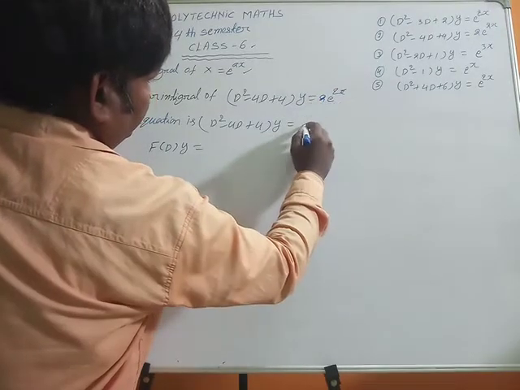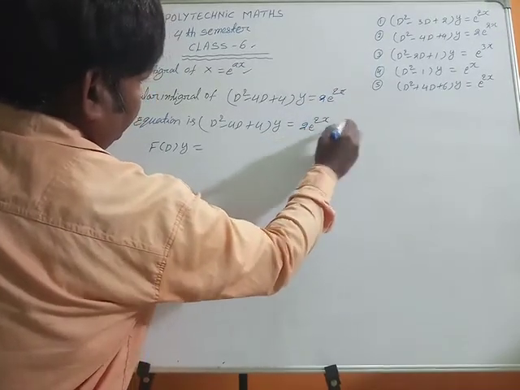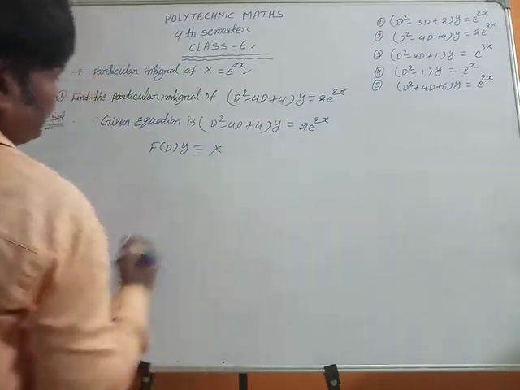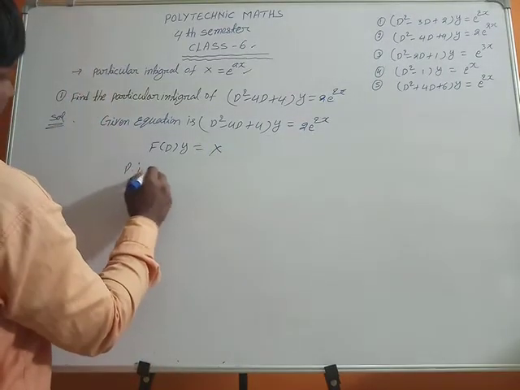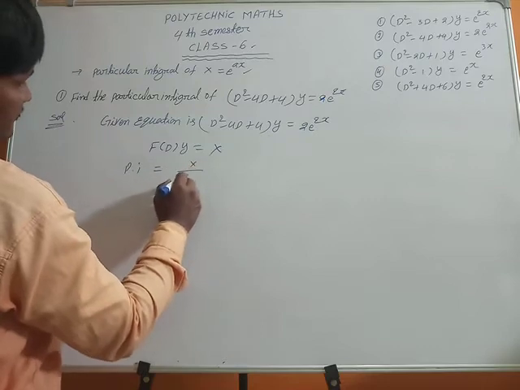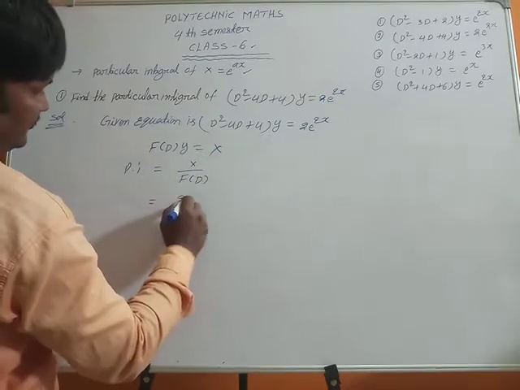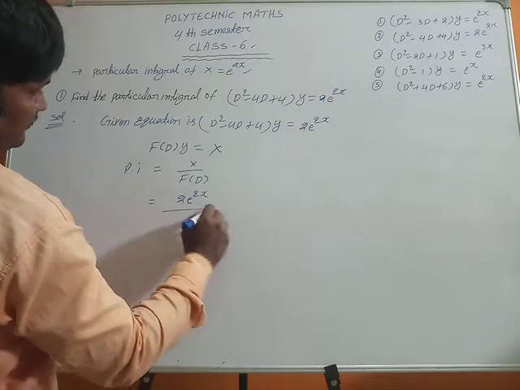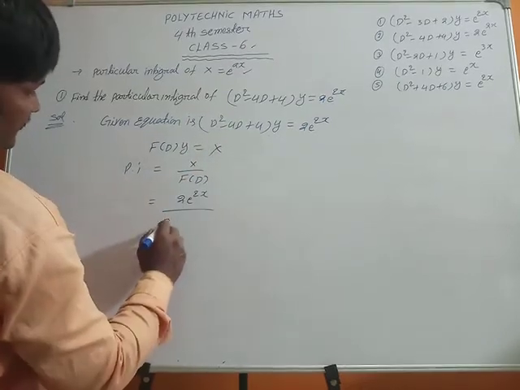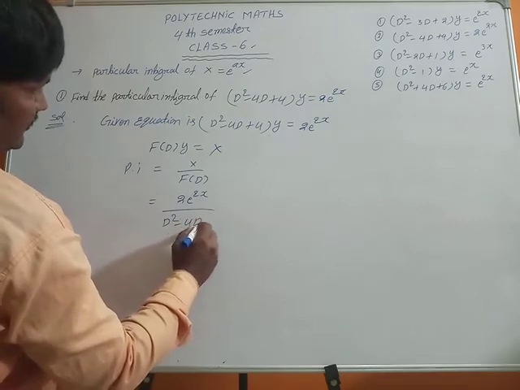So the particular integral is equal to X by f of D. What is the X value here? 2 into e to the power of 2x by, what is the f of D? D square minus 4D plus 4.